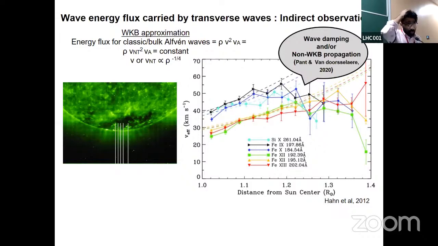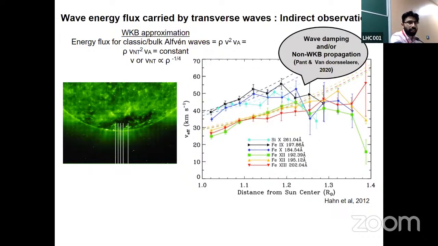Now the question is whether non-WKB propagation is applicable in the solar atmosphere or not. By now we know very well that the average time period of Alfvénic or transverse MHD waves in the solar atmosphere is around 5 minutes, right? And then you take the Alfvén velocity, give or take, around 700 kilometers per second. So if you just multiply, the wavelength is around 300 megameters, and the scale height in the solar atmosphere at these temperatures is around 50 or 100 megameters.